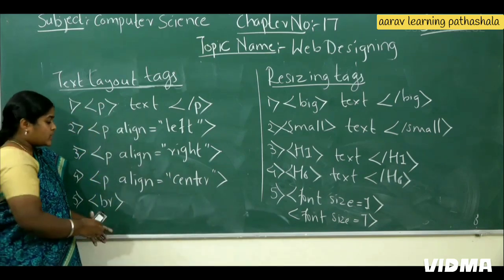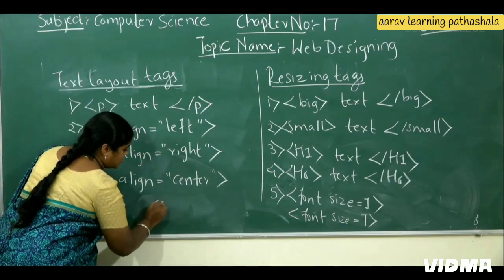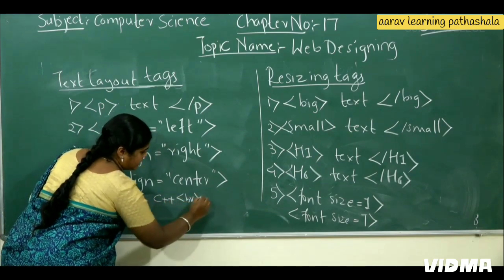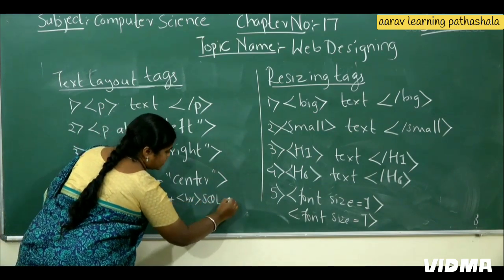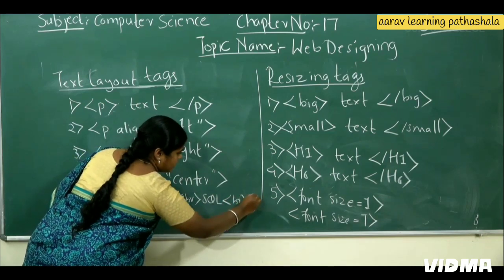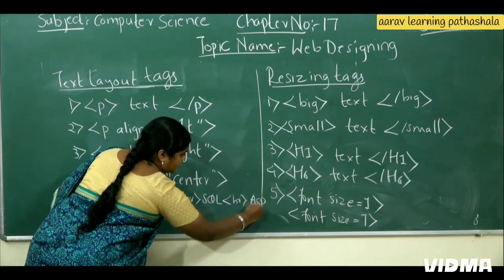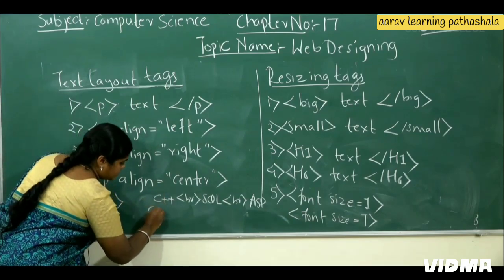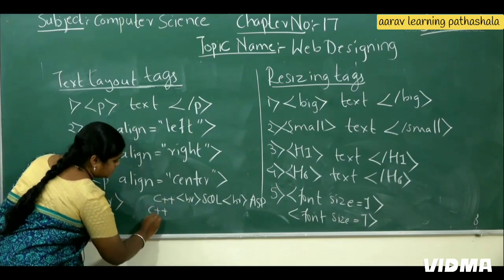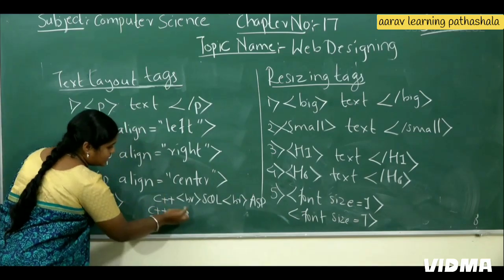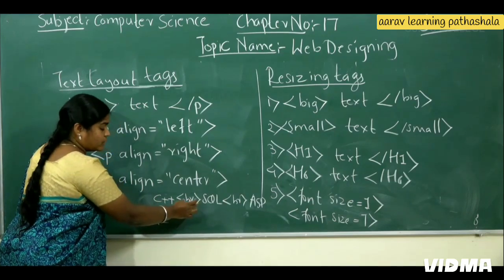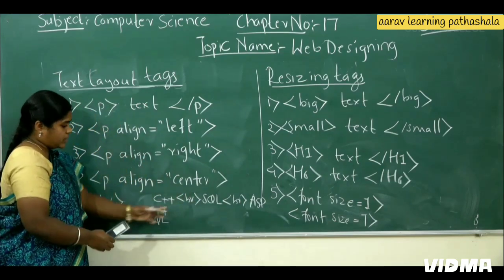Let's see how BR tag works. Suppose I say C++ BR tag, SQL BR tag and ASP. So how will it be displayed? The output of this statement will be C++. After C++ we have written BR, so it will include a single line break over here.